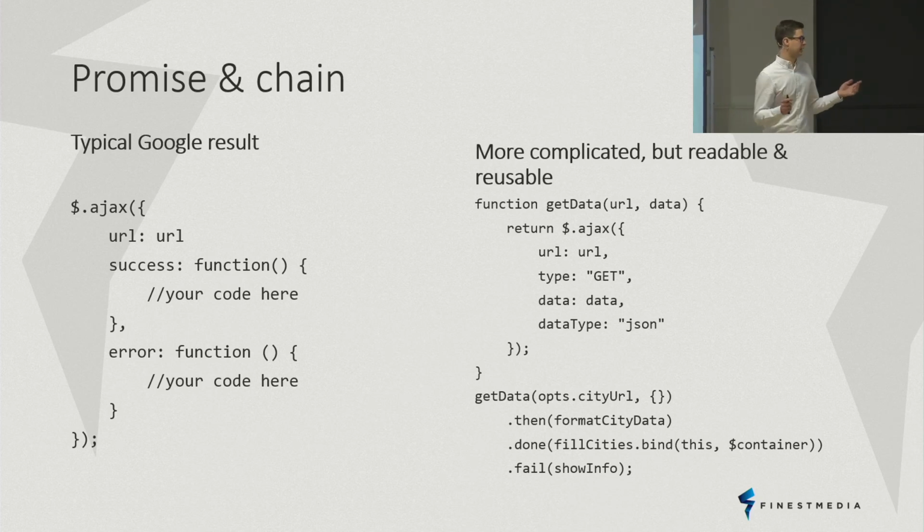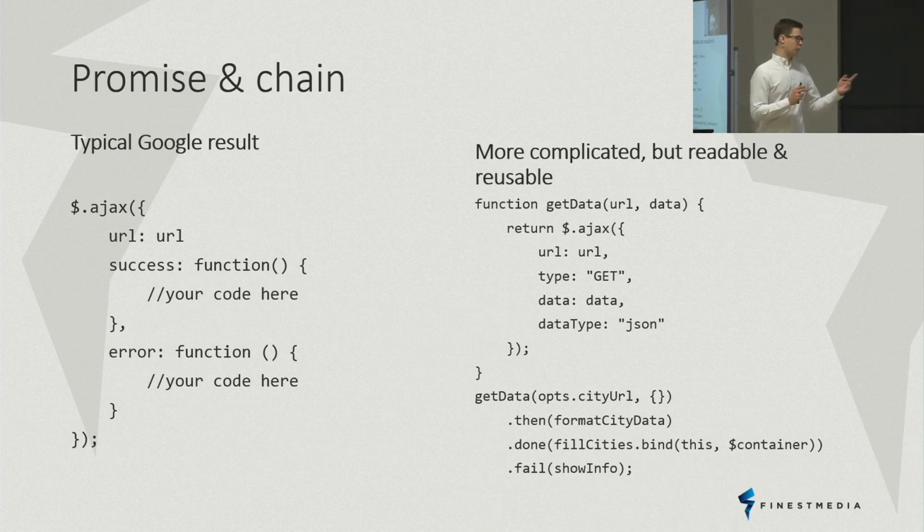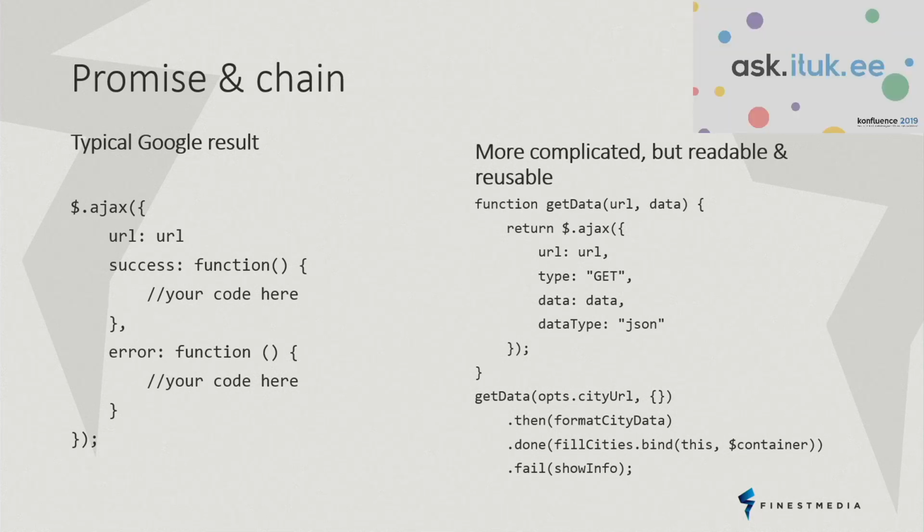When you make the request and get back the data, you realize that you can't use it right away; you have to maybe format it first. So you call the function formatCityData. First you format the data, and then you pass this data to the done handler. So you fill the cities, so fill the actual select box on the site.